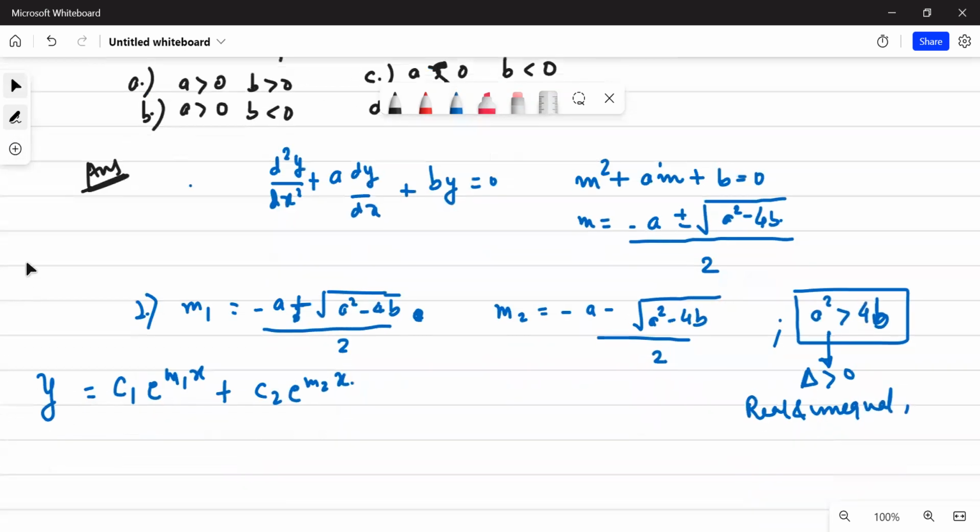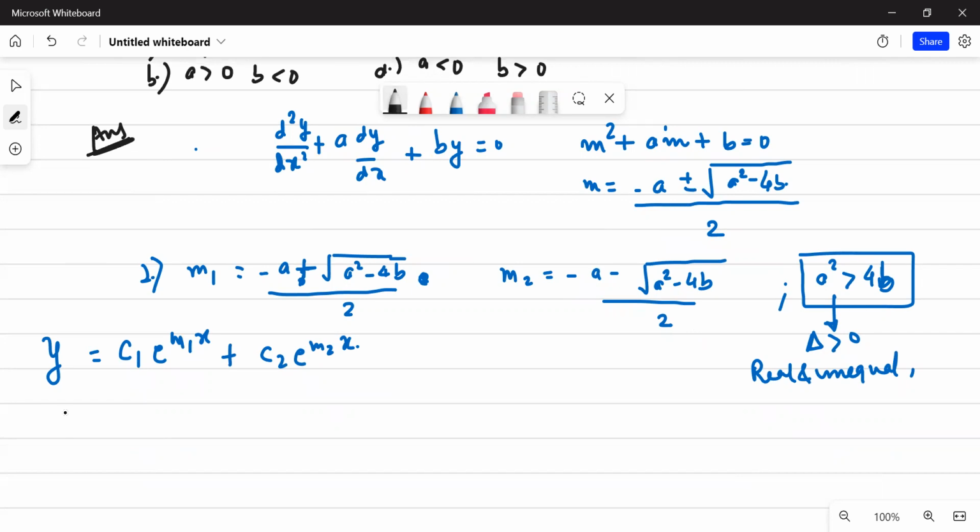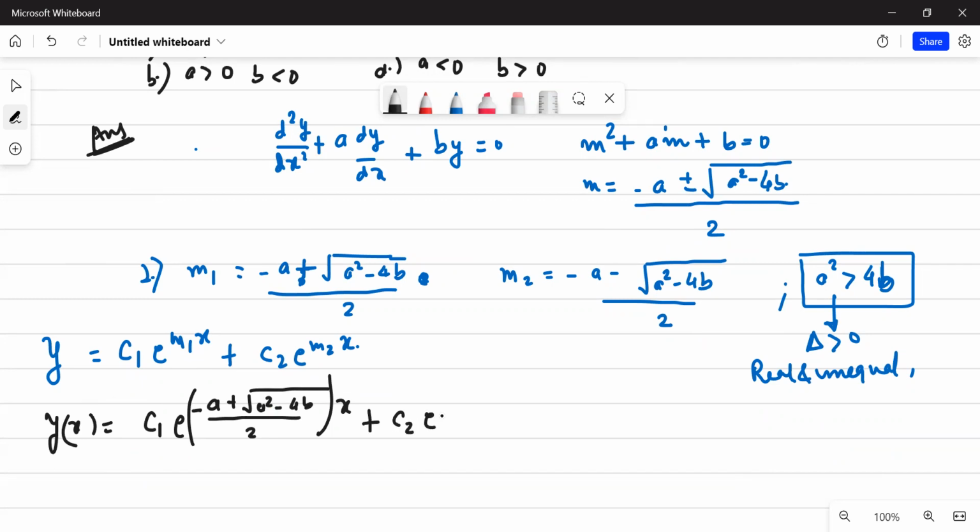Now it says that the solution tends to 0 as x tends to infinity. First, let us write y(x) is equal to what? It is equal to C1 e to the power of (minus a plus root over a square minus 4b) divided by 2, x, plus C2 exp of (minus a minus root over a square minus 4b) divided by 2, x.